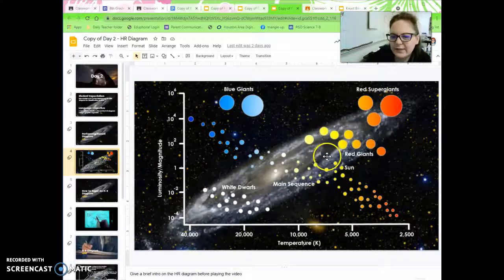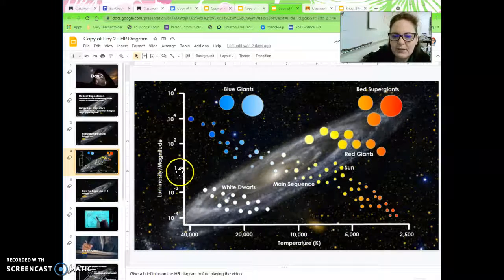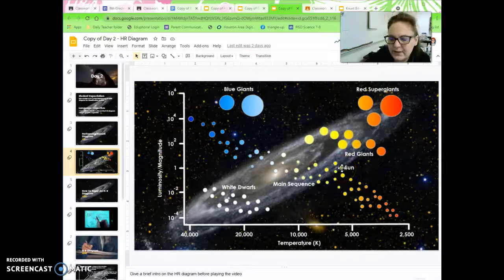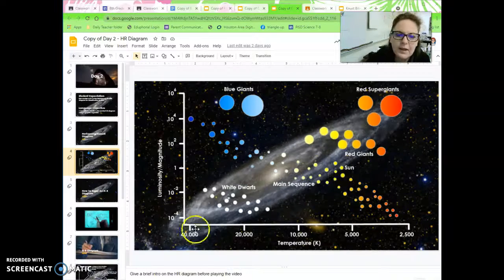And so it's that kind of idea. And so the absolute magnitude is talking about how bright is it compared to the sun's actual brightness. So if all of them were the same distance, how bright would it actually be compared to the sun? So that's how this works.